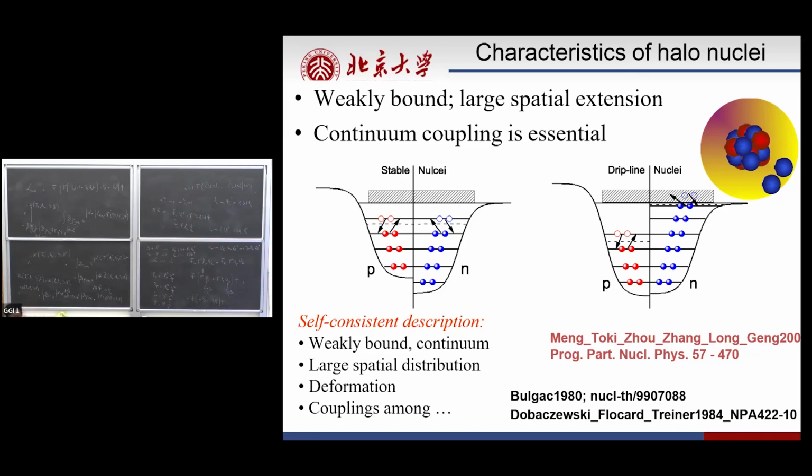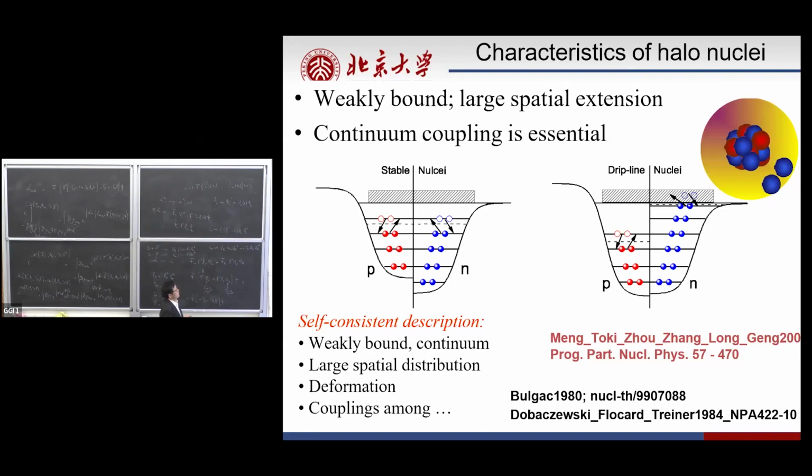Experimentally, of course, it's clear that the size is extremely larger than the neighboring nuclei, or deviates from the empirical law. But theoretically, what could be different from the stable nucleus? There are several things, and later on, after we learn more, we can tell much more.